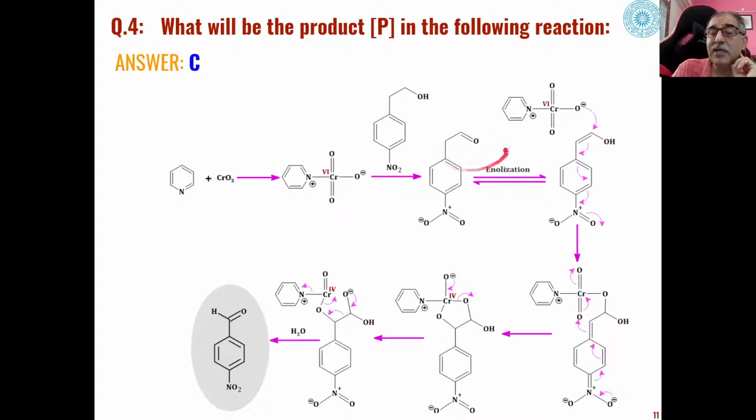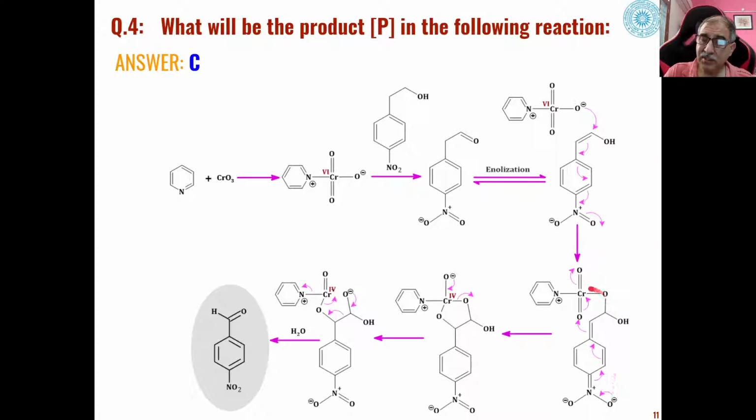Then these enols further react with one more molecule of chromium 6 oxidant, and addition of this chromium 6 oxidant to the carbon carbon double bond of enols gives us these types of intermediates through delocalization of the charge using this nitro group present on the aryl ring.